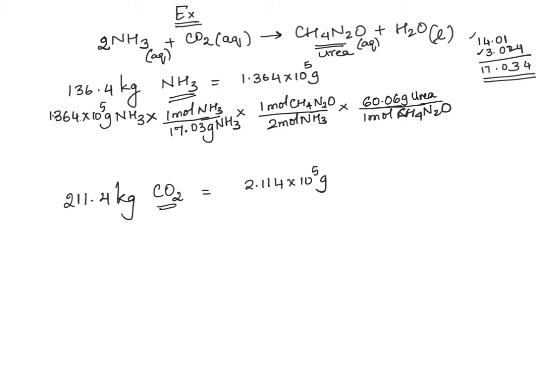I'm just writing urea instead of the formula. And every 1000 grams of urea is 1 kilogram of urea. This will be equal to 239.8 kilograms of urea.